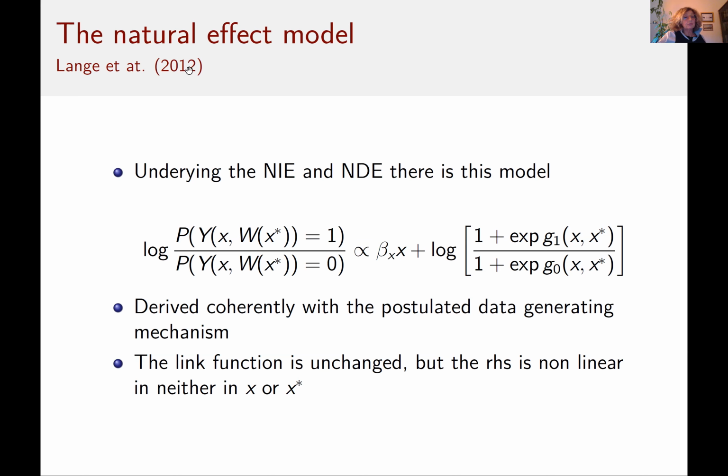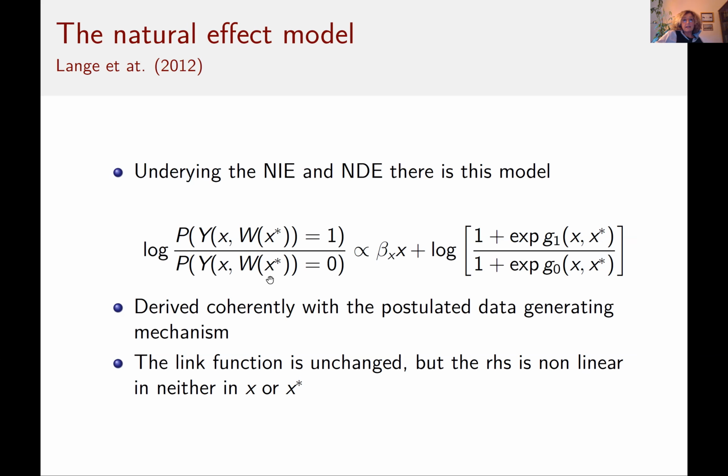The important take-home message, I think, is that if you look at the natural effect model, which has been introduced in the literature and used for several purposes, not least inverse probability weighting when you have more mediators, the implication of the previous derivations is that the natural effect model here is by construction proportional to this expression, where this X is the direct effect, this X is the same here, and the X star is the one that concerns the W distribution, the distribution of W given X star.